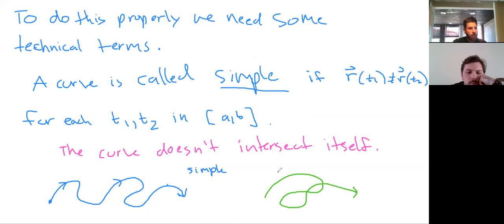This guy would not be simple. Why would this guy not be simple? It would not be simple because it intersects itself. And this particular one intersects twice.